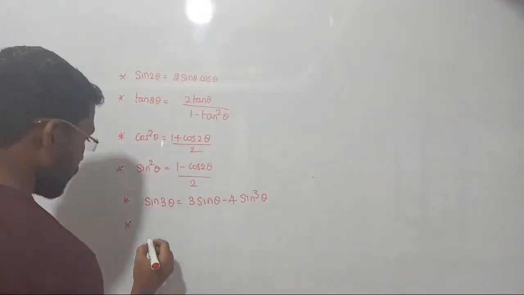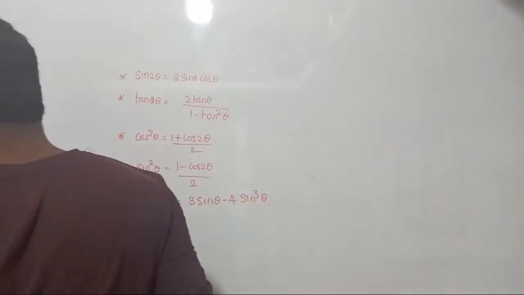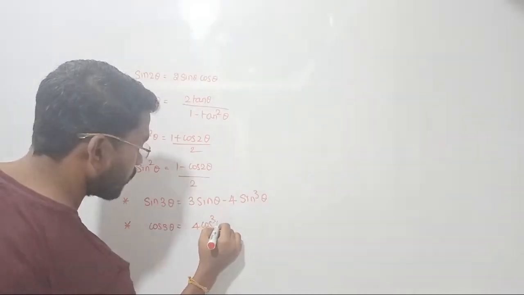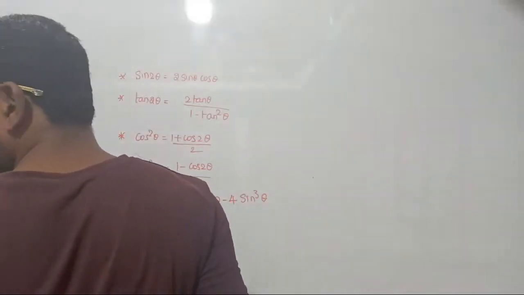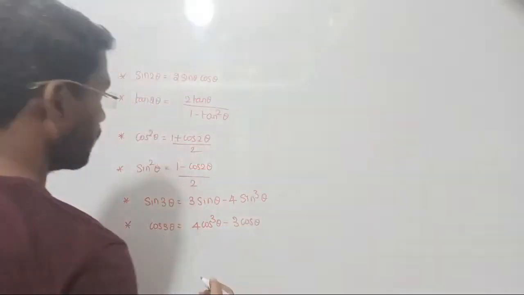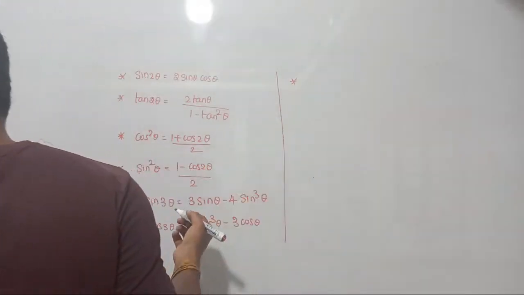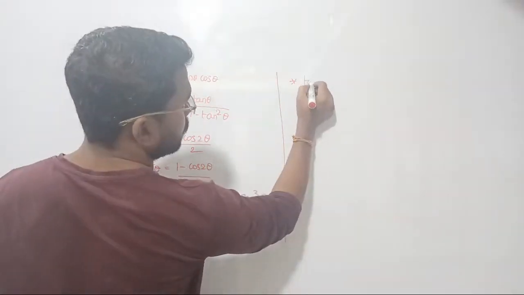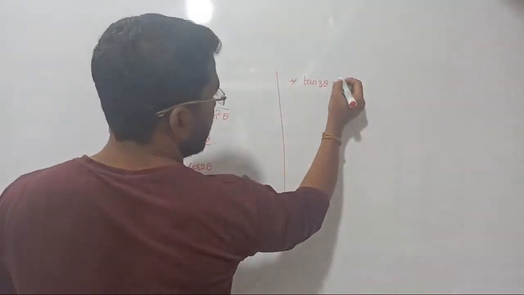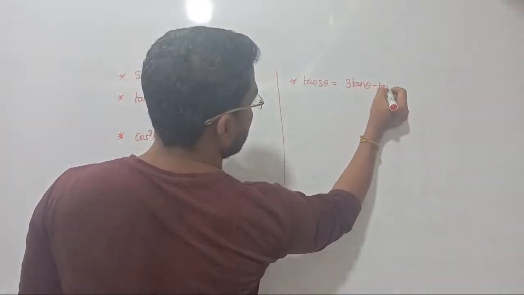Next, cos 3 theta. That should be equal to 4 cos cube theta minus 3 cos theta, just opposite to sin theta. The next one is tan 3 theta, which is equal to 3 tan theta minus tan cube theta divided by 1 minus 3 tan square theta.